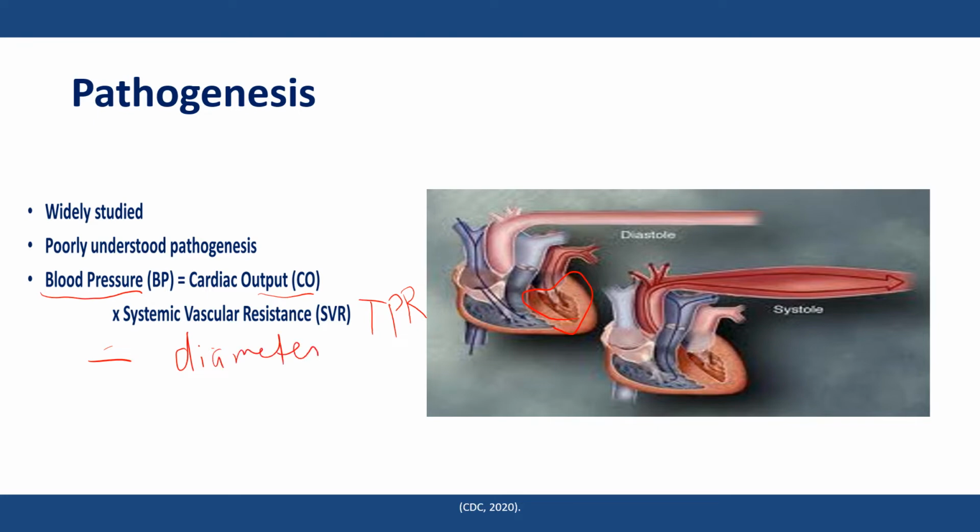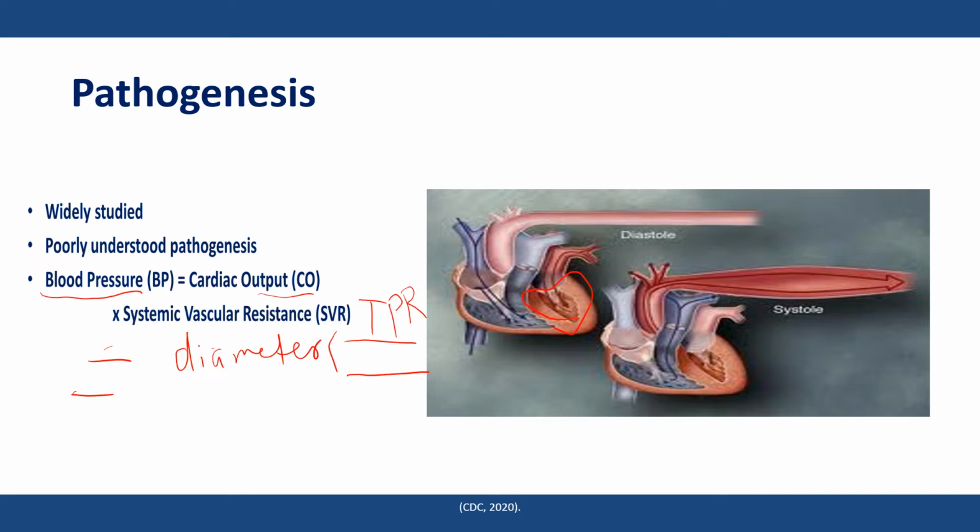Diameter. Also, for example, if you increase the diameter of a blood vessel, if you make it bigger, you are going to decrease the resistance. When you make it smaller, you would increase the resistance.